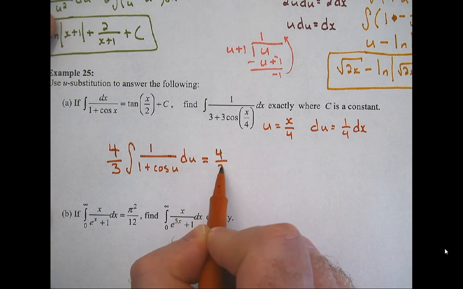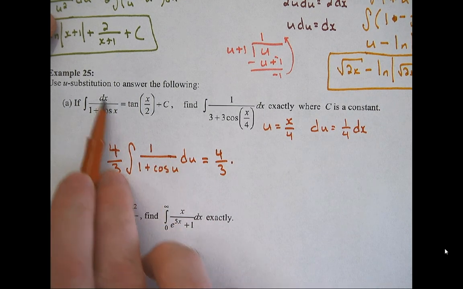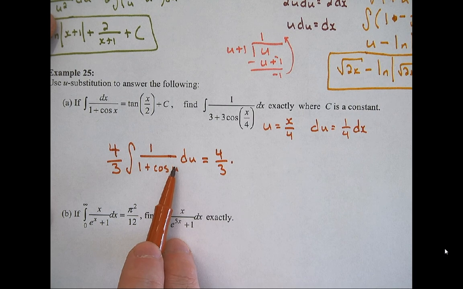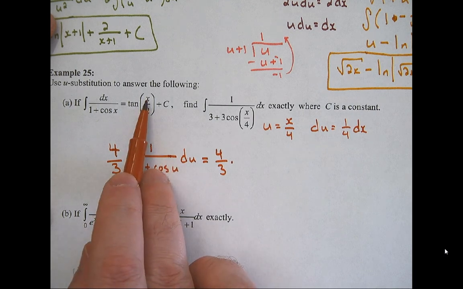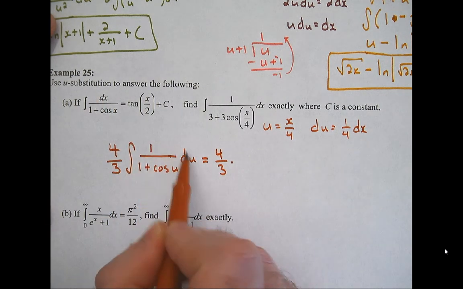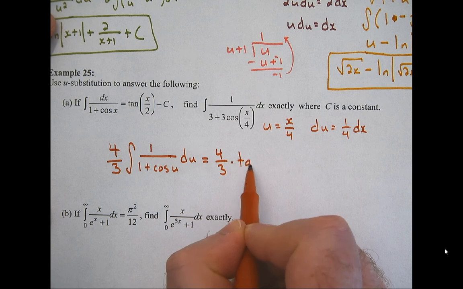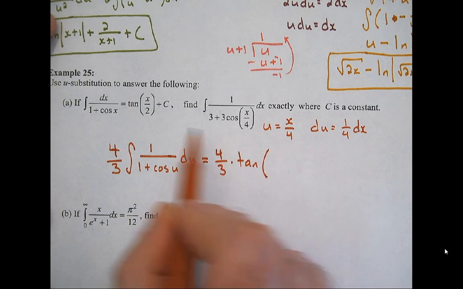So this is 4/3 times, look, even though we switch the u to an x, that's fine. It's still going to give us the same values, except where there's an x, we're going to put a u. So this piece and this piece now look exactly the same except for the 4/3. So this is going to turn out to be tangent of, we said x.